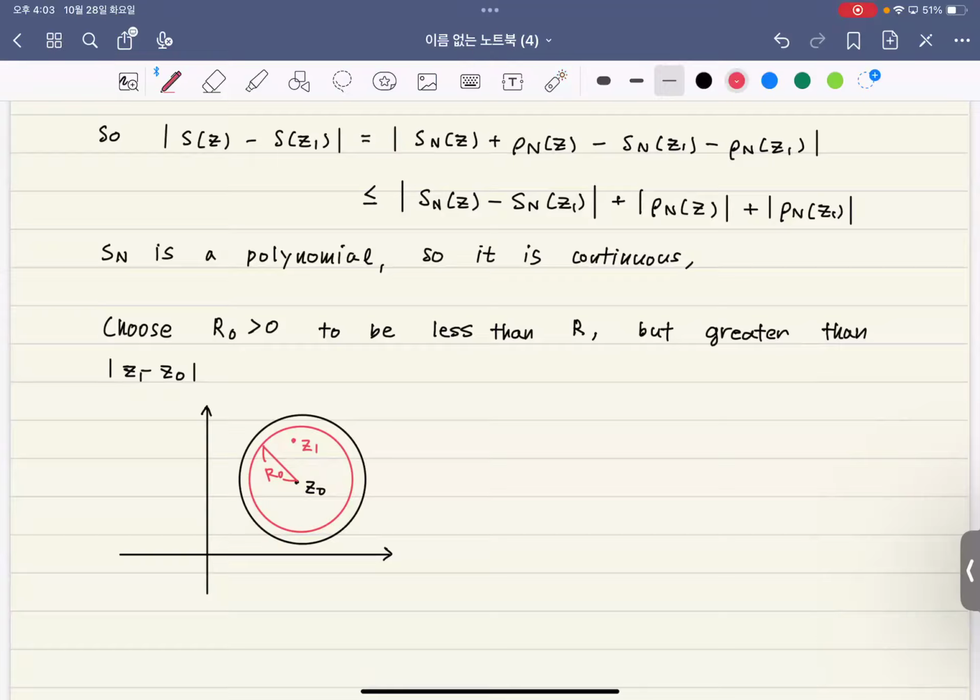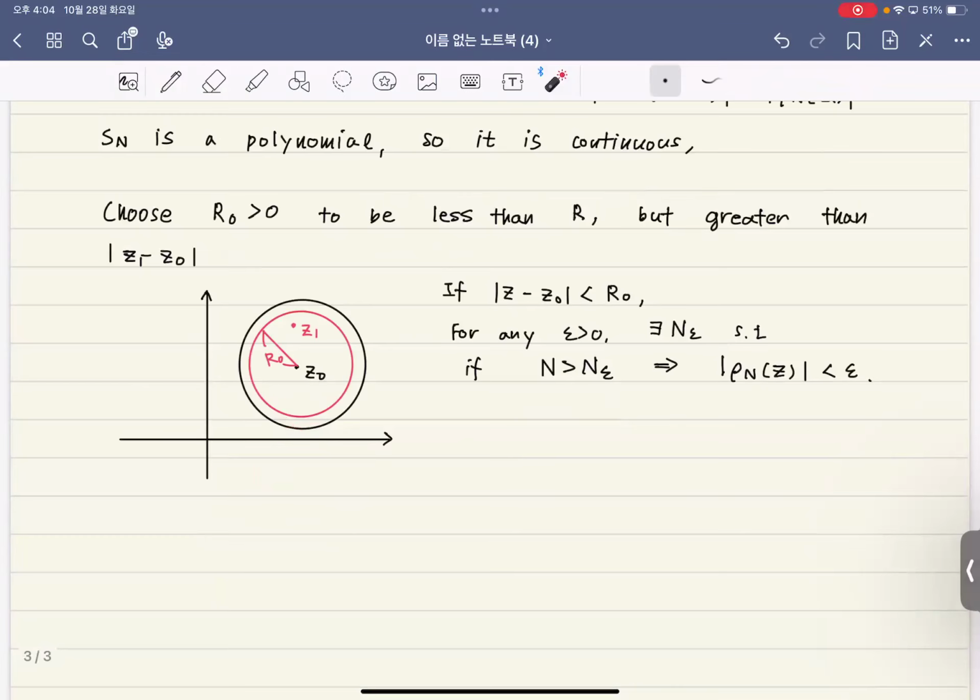Because of the previous argument, we know that if z minus z0 is less than R0, then for any epsilon, I can find a number N of epsilon such that if n is greater than this number, then the remainder is less than epsilon.